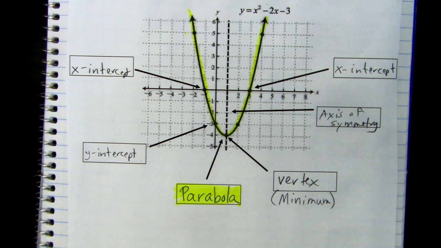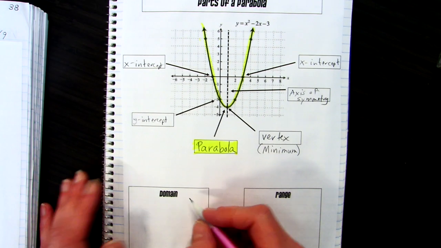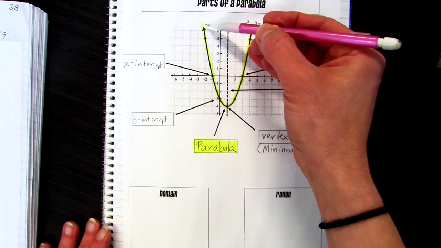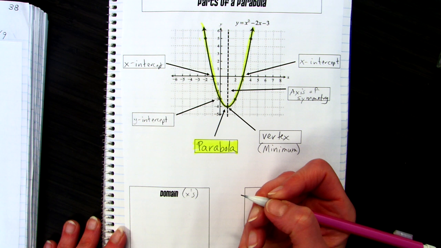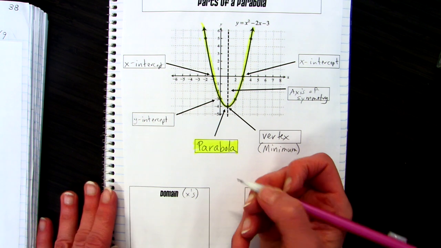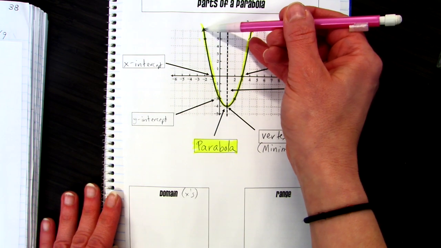We also need to be able to identify for any quadratic what the domain and range of the function is. So the domain basically is, are there any restrictions on your x's? So the domain is your x's.